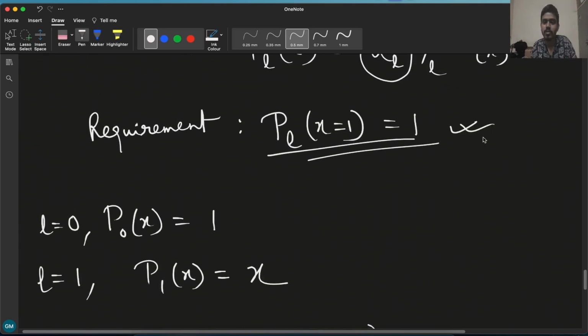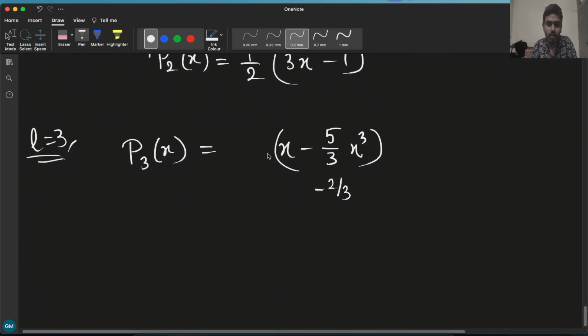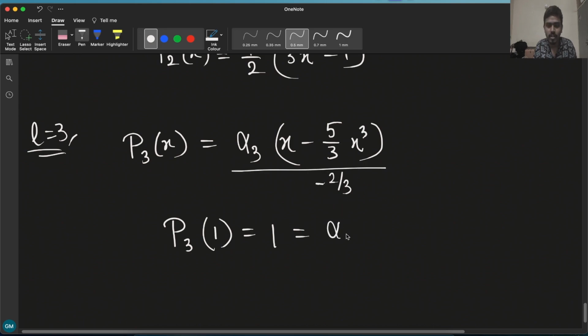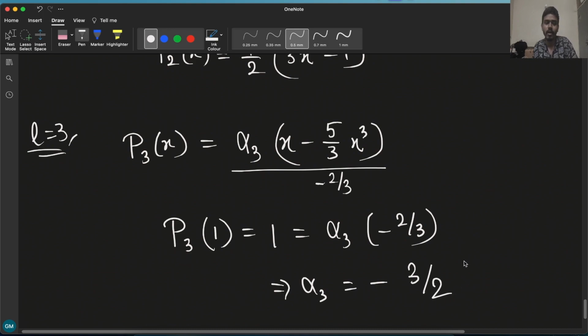So it is not satisfying this requirement, and as a result, I need to multiply it with some normalization factor. To find this normalization factor, we know that P3(1) is 1, and now I will put x equals 1 in this expression, that is alpha 3 times minus 2/3, which implies alpha 3 is nothing but minus 3 divided by 2.